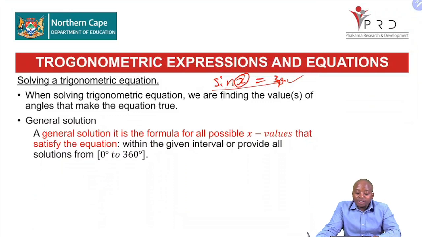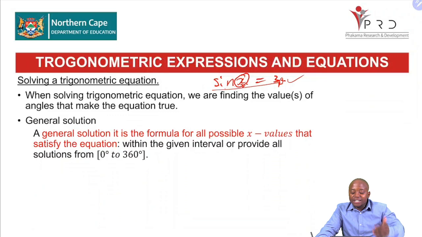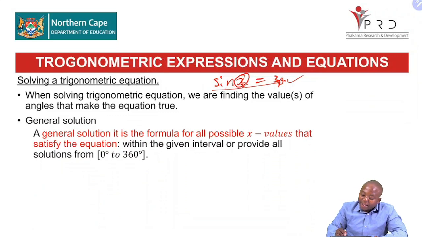In most cases, this question is tested using the general solution. What is a general solution? It is a formula for all possible values of x that satisfy the equation. With a general solution, you must understand that this angle will have multiple values that satisfy the equation. In most cases, this will be given within an interval.